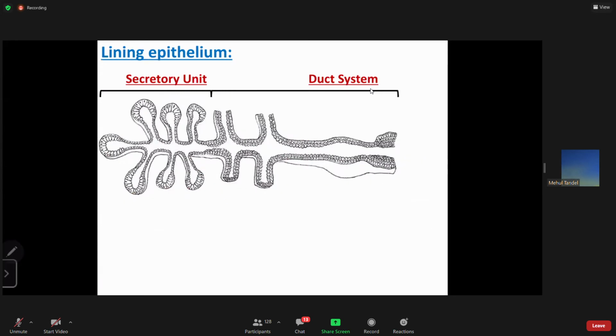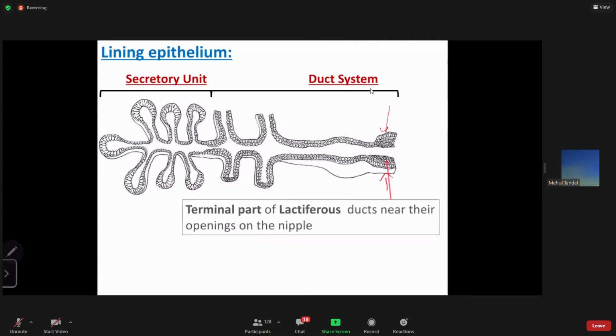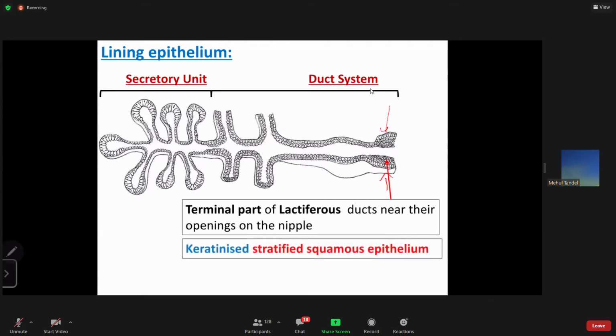Last, you can see near the opening, just beneath the nipple, the change in the epithelium. Near the opening in the nipple, the terminal part of the lactiferous duct is lined by keratinized stratified squamous epithelium.